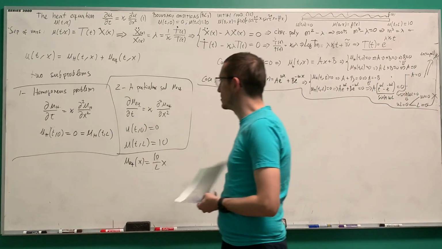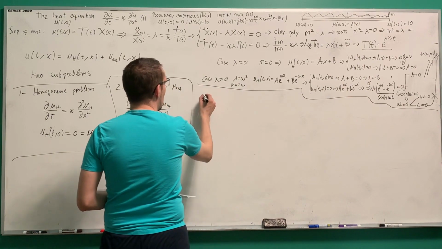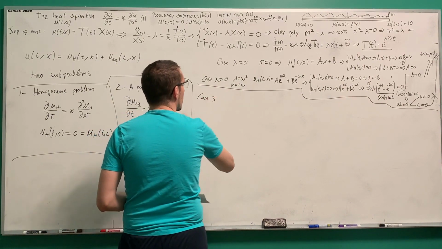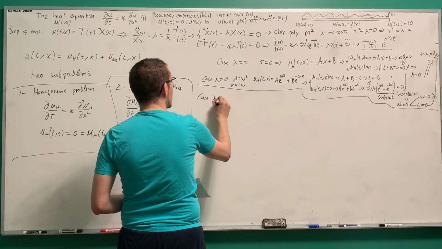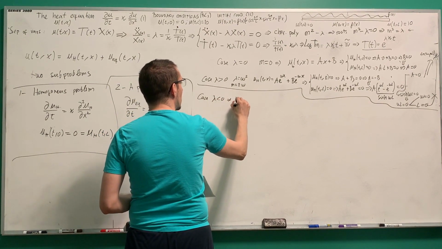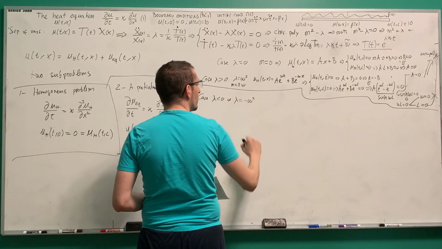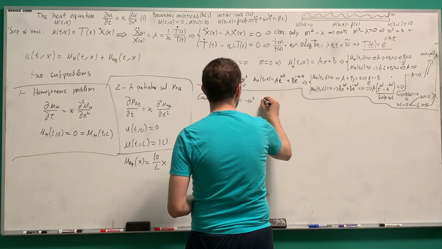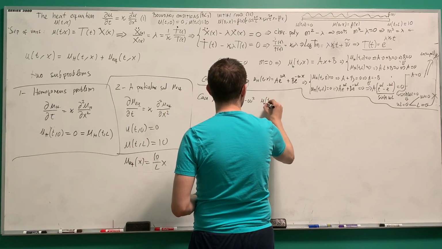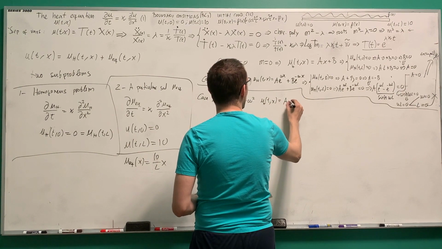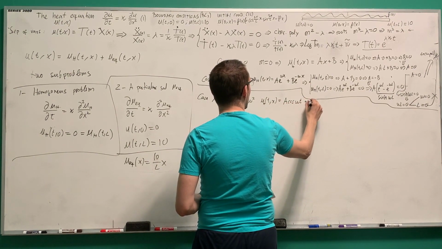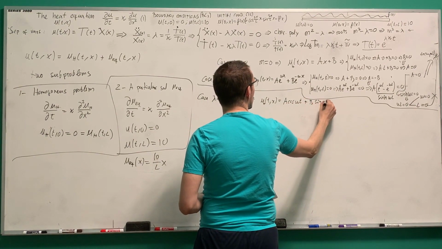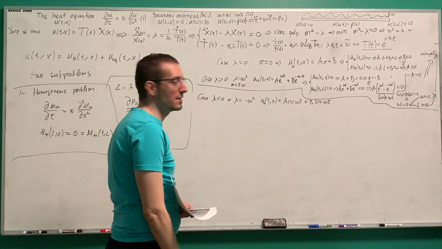Let's take case 3, which is the one that gave me the solutions. Case lambda less than 0, then we call lambda equal to minus omega squared. In that case, we get that U homogeneous of T x is equal to A cosine omega t plus B sine omega t. All right?